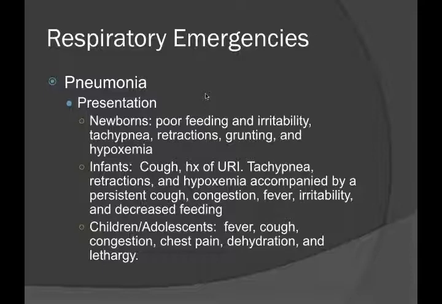And so a fixed wheeze in just one spot is more concerning for pneumonia, wheezing that moves around, crackles that move around are typical of bronchiolitis, and then diffuse wheezing that doesn't change is more typical of asthma. And then you'll typically see some degree of hypoxia with bronchiolitis.